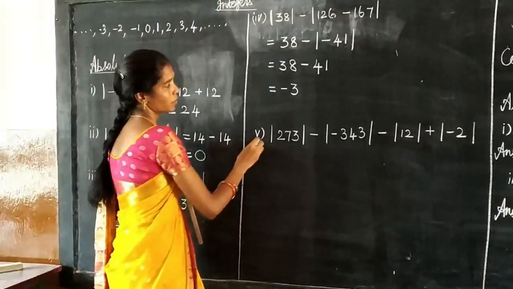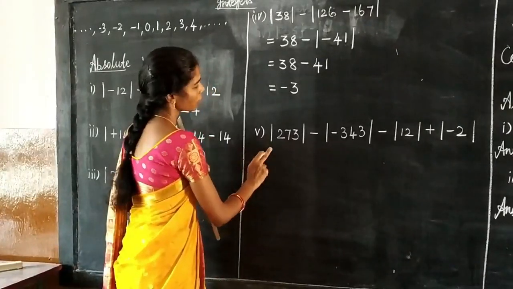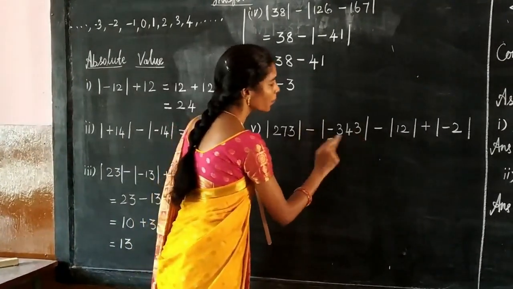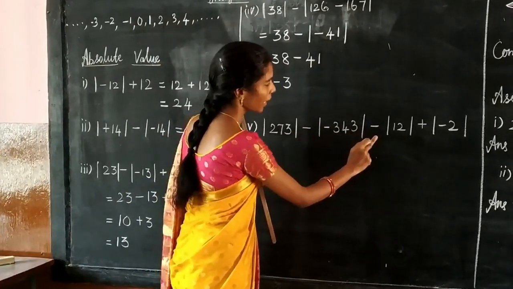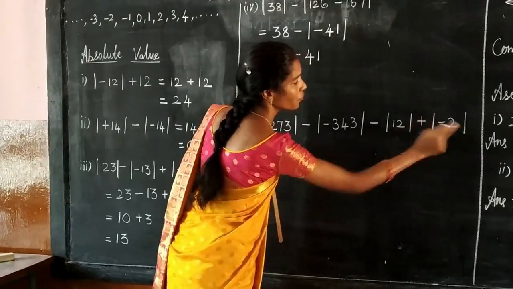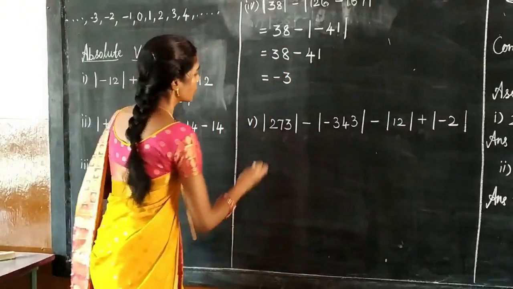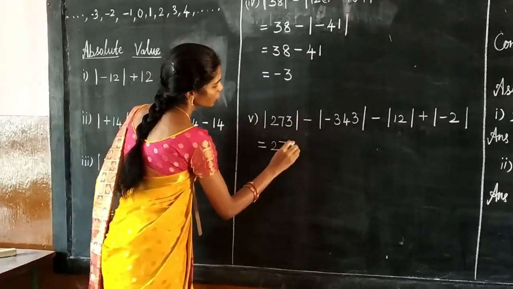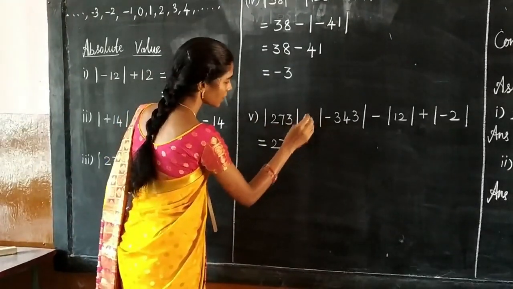Next, question number 5. Absolute value of 273 minus absolute value of minus 343 minus absolute value of 12 plus absolute value of minus 2. So this is equal to, we know the absolute value of 273 is 273, minus sign is there in the question.